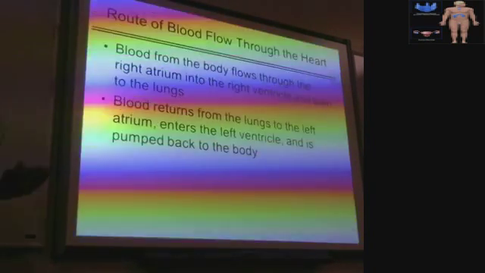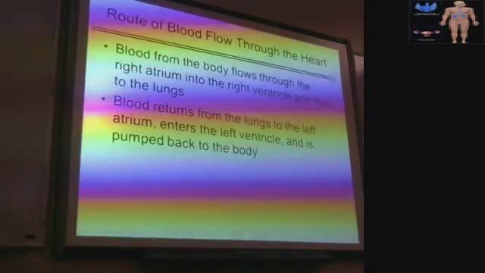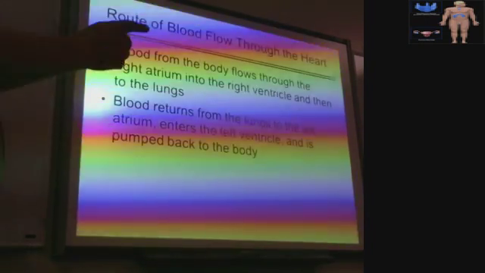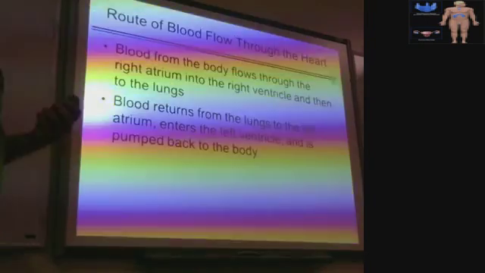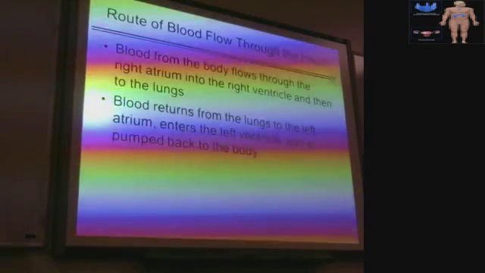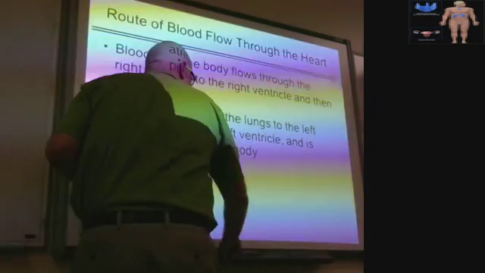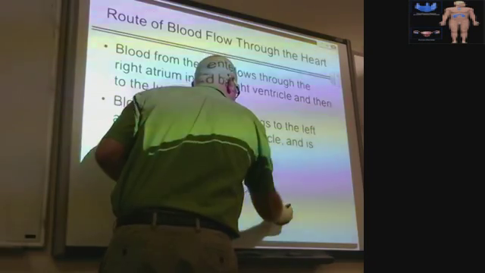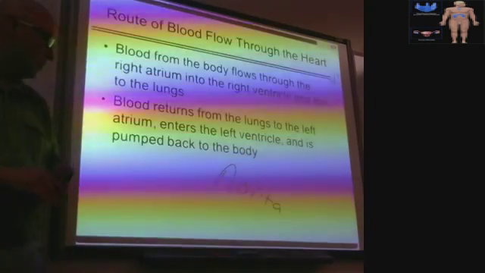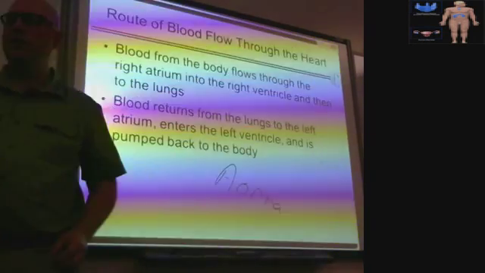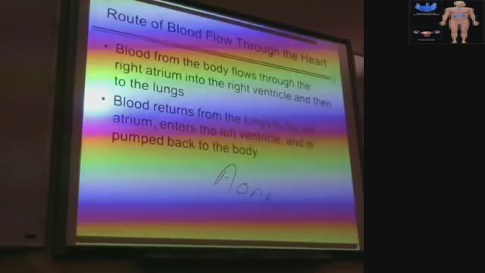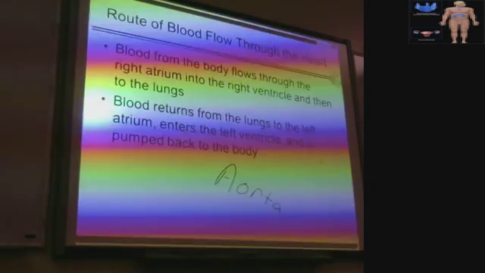From the lungs, it comes back into the left atrium. The left atrium to the left ventricle, pumped back to the body through the, what's not written up there? Aorta. The aorta is the directional artery that the blood pumps through there.